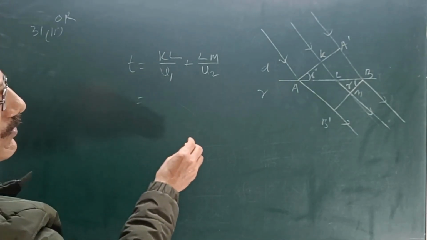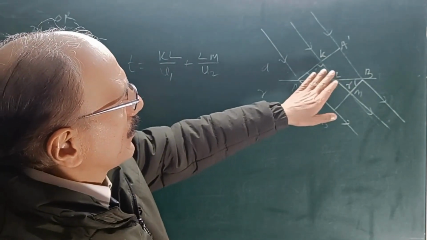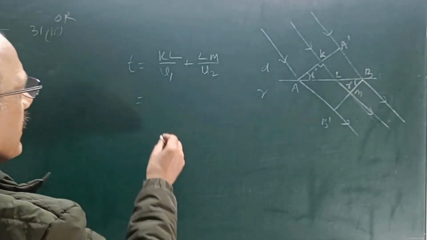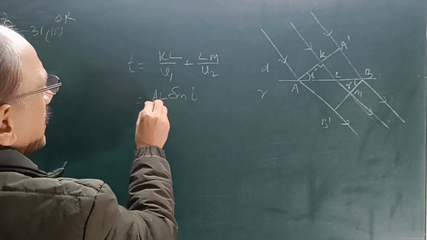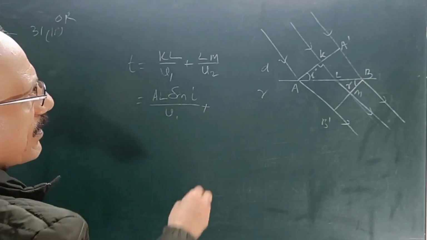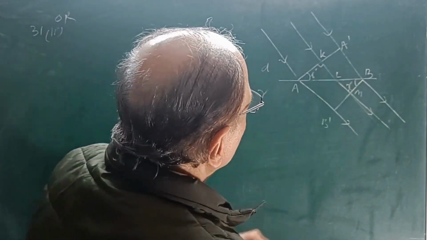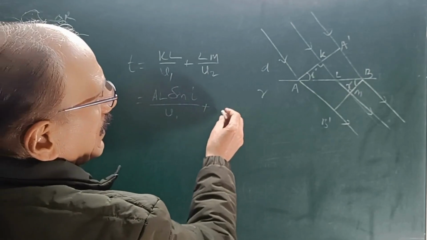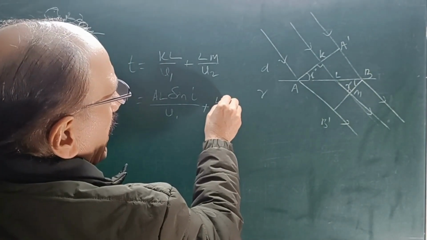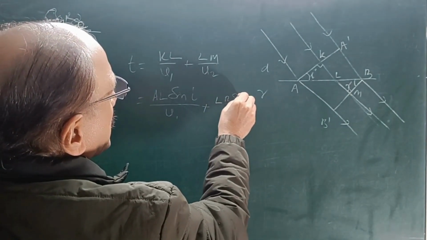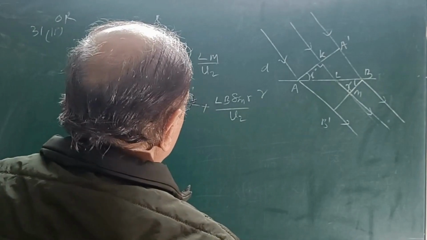So KL will be equal to, this is 90 degree, so this is I, so KL will be AL sin I upon V1. Again this is 90 degree, this is R, so LM will be LB sin R upon the velocity V2.